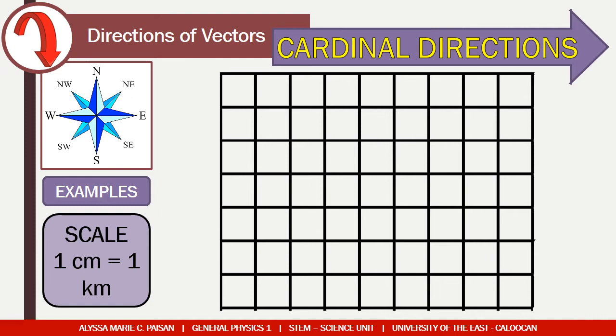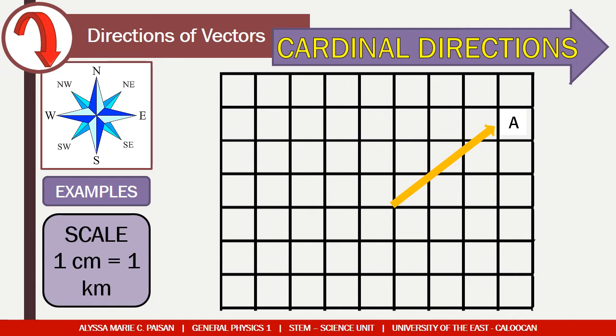Bakit siya virtual ruler? It means that it's not the same measurement as you will get if you use a ruler and put it on the screen. Hindi siya ganon, virtual ruler lang siya. So for every 1 centimeter that we get from the virtual ruler, that means it's equivalent to 1 kilometer magnitude. Okay, so let's have the first example.